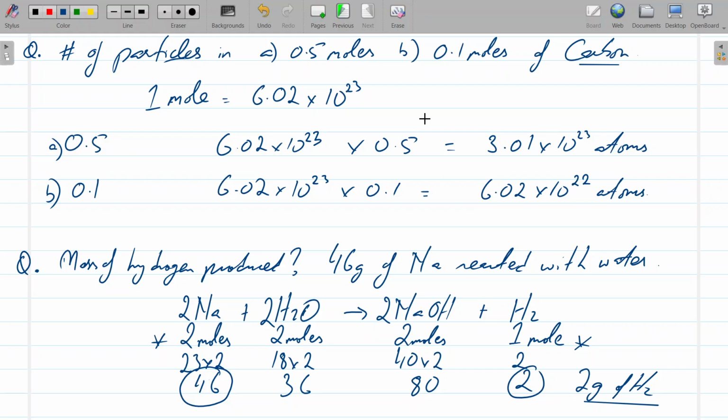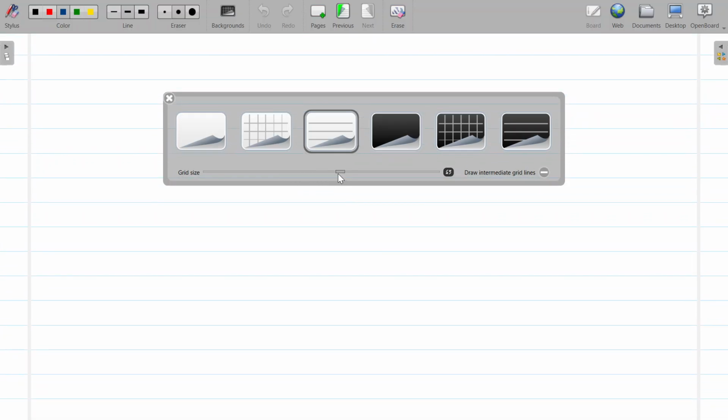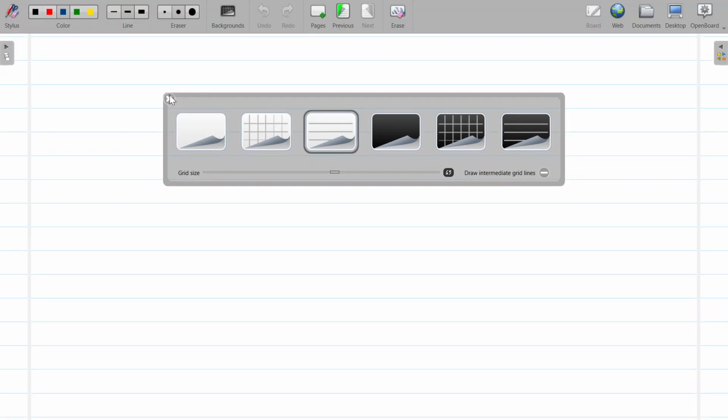Now, just to clarify what I mentioned about taking a look at it in terms of molecules or moles. So you've got 2Na plus 2H2O giving 2NaOH and a single molecule of hydrogen.